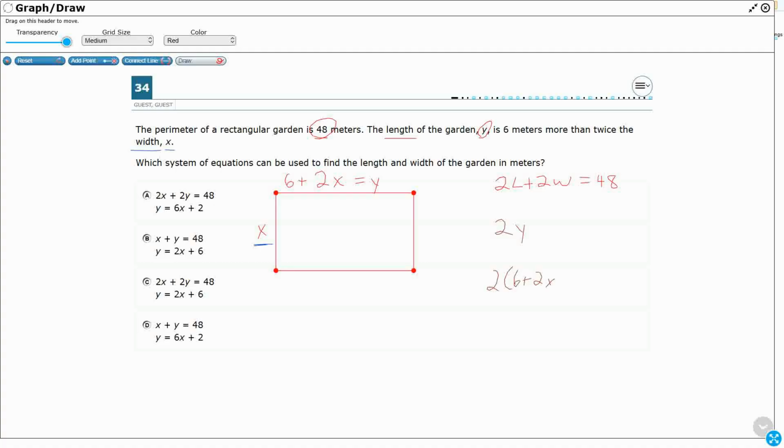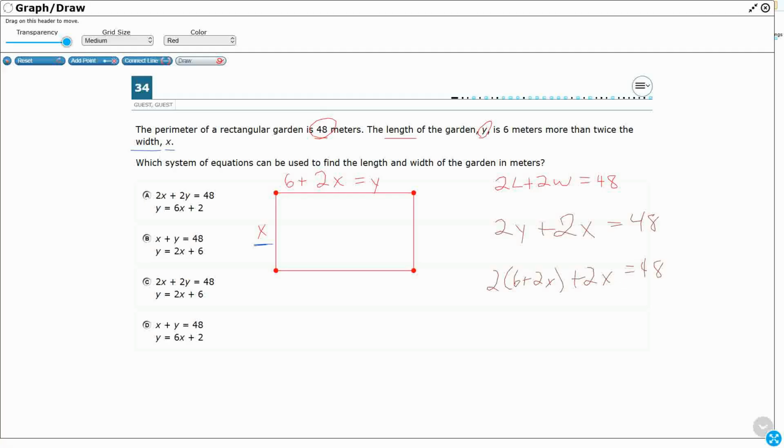I don't know which way we want it here, plus 2 times my width, which is simply x. So I could just do 2 times x, and I can do that right there. Either one of these is going to get me 48.